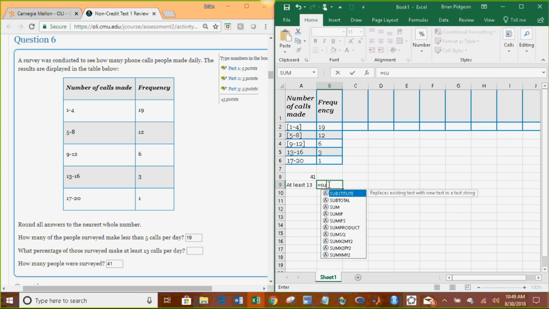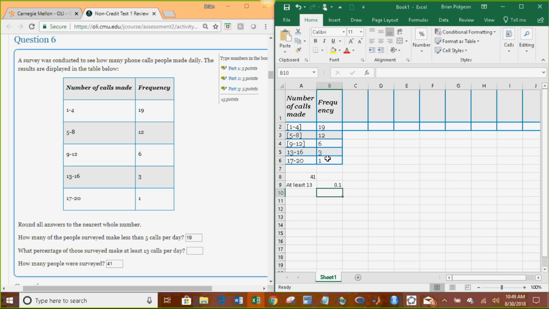So we want the sum of the number of people who make greater than or equal to 13 calls, which we can just see is 4. But if you want to use the SUM function in Excel, go for it. We want the percentage, so we need to divide that by the total number, which is 41. This gives you the proportion, but not the percentage, so we need to multiply this by 100. And we get 9.8.